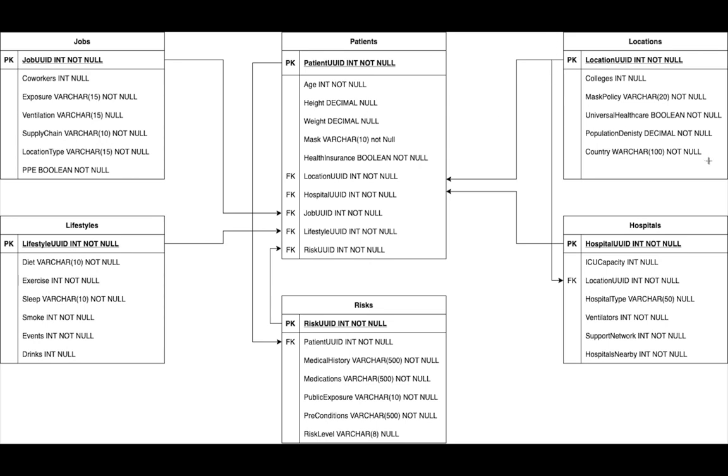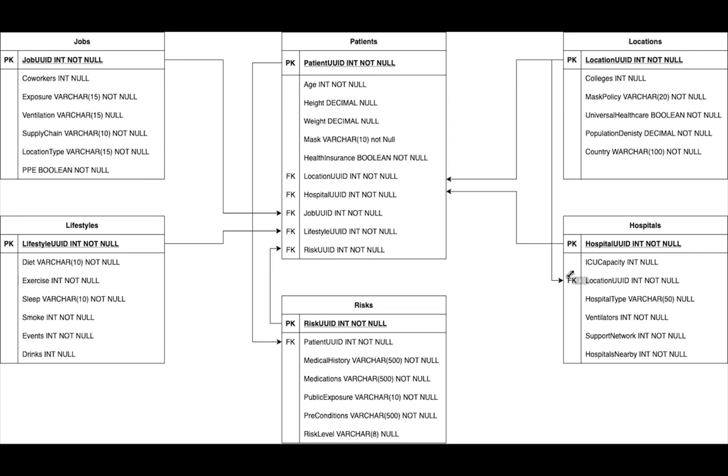Within locations, these attribute types are to determine how many colleges are in the area, what kind of healthcare is in the area, where the patient actually is. And then mask policy is left open-ended as they're different, as it's on a rated scale as poor or decent.